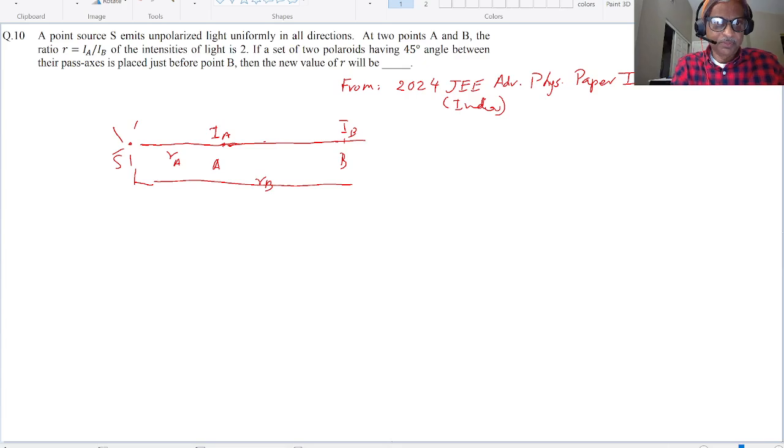We are told that the ratio IA over IB is 2. And why is that important? Well, intensity is energy crossing per unit time per unit area, right?